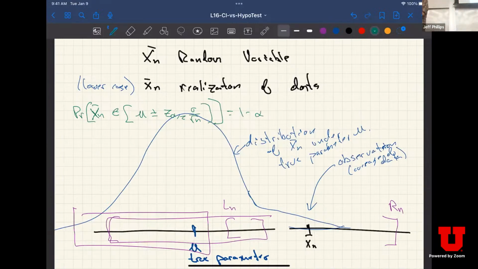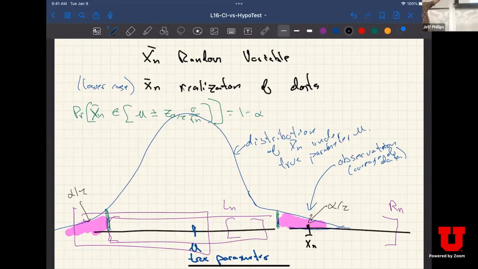That's saying if I went out this distance, what's the probability that xn bar fell in here. If I want it to fall in 95% of the time, then the probability it falls outside is alpha, divided by 2 on each side.